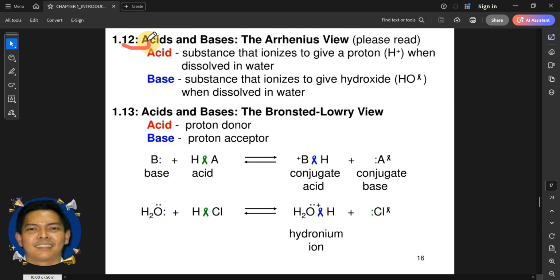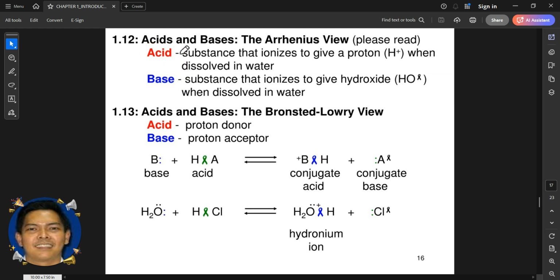Subtopic 1.12, acids and bases. The Arrhenius view. I want you to read about the Arrhenius view so that you have a better understanding of it. The Arrhenius view is about acids and bases.